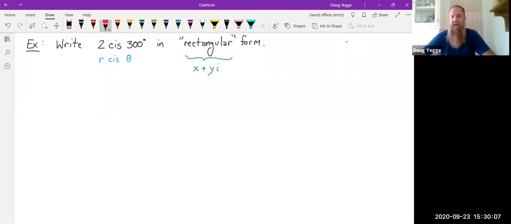Now this is the relationship you have to remember. You've got to remember that x is equal to r cosine theta, and y is equal to r sine theta.